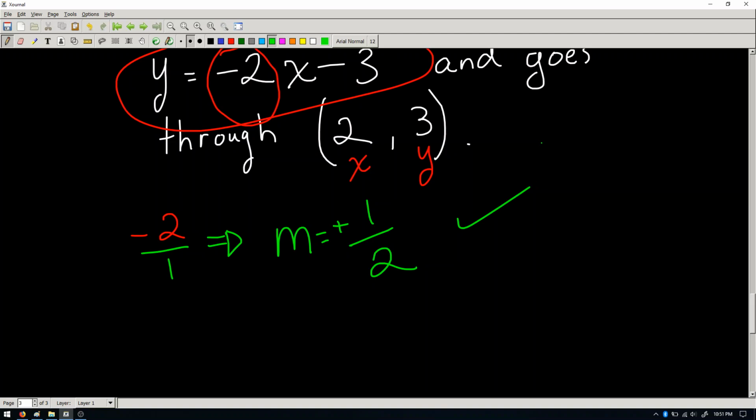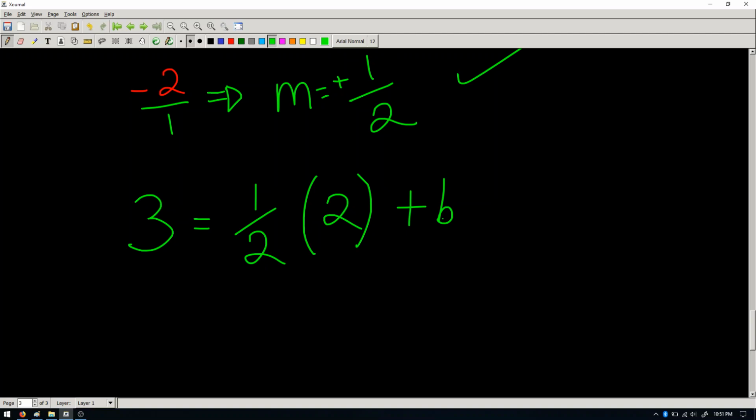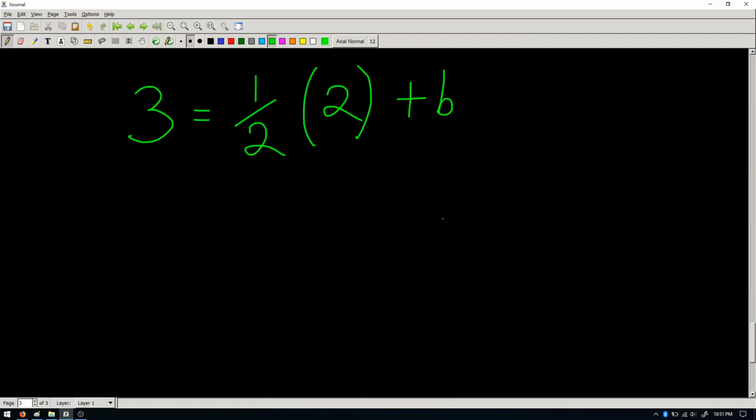X is 2, y is 3. So here we go. 3 equals 1 over 2 times 2 plus b. So all I've done is plug that point into y equals mx plus b.